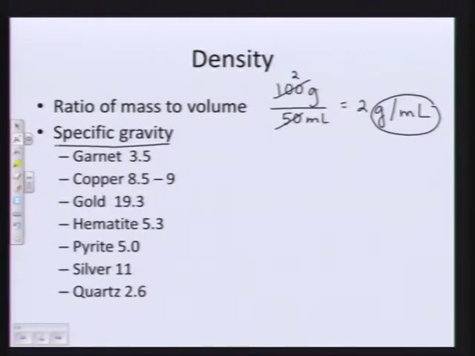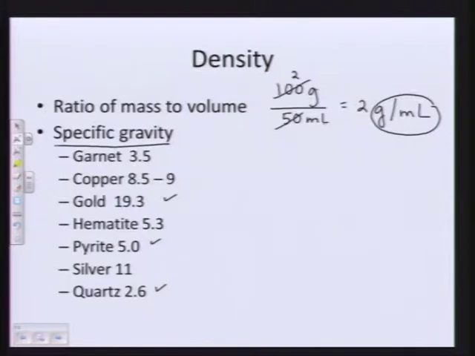You see that gold is very dense with a density of 19.3 grams per milliliter. Pyrite, or fool's gold, has a density of 5.0 grams per milliliter. And the one that we're going to focus on today is quartz, which in these reference materials is said to have a density of 2.6 grams per milliliter.